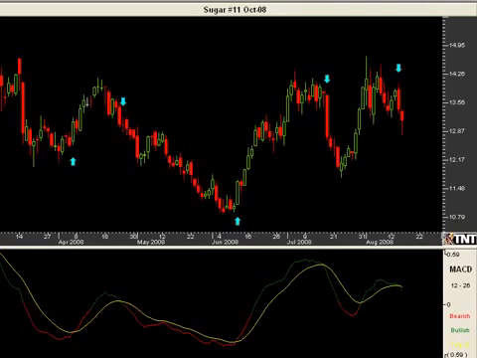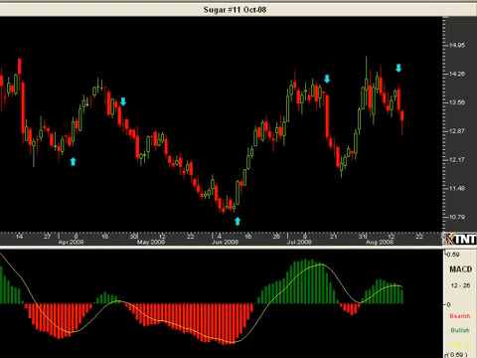The line chart would look like this, where it's the same idea, but it just highlights the extreme of the histogram. This other line, this yellow line, is known as the trigger line. That is yet another exponential moving average line, and it's supposed to tell you when you should buy and sell the market.